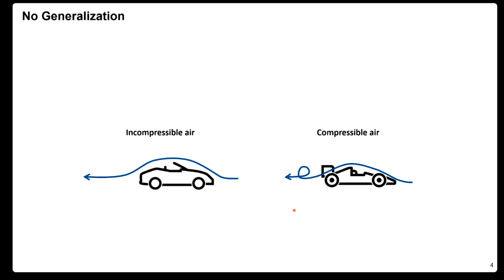Therefore, we have to consider the compressibility of the air, which we maybe wouldn't have had to do in the previous case. Suddenly the physical system is basically a different kind of partial differential equation. You have to take into account other things, you maybe have other boundary conditions, and so on and so forth.